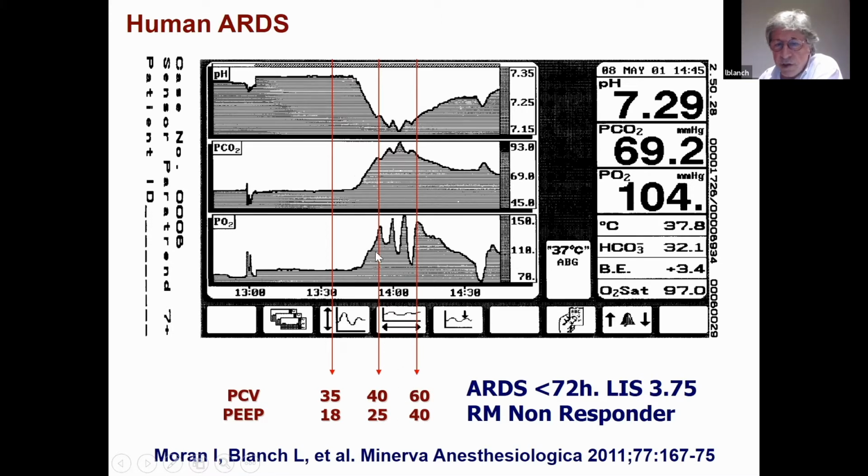We did not succeed in opening the lung. We overdistended the lung. And as a consequence, after almost an hour, the PaCO2 remained high. This means that the shunt was high, I mean, it was not improved. And in that condition, this patient probably deteriorated the lung function due to this aggressive maneuver.